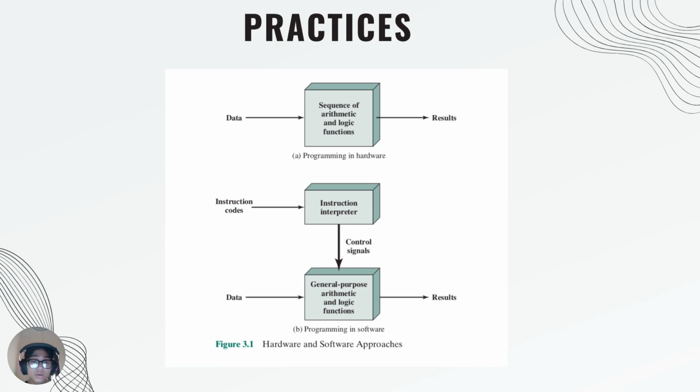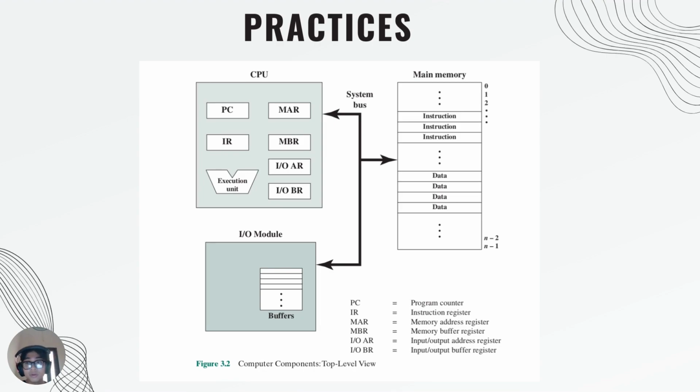In picture B, which is programming in software, the instruction code goes to an instruction interpreter, followed by control signals, and the data goes through general purpose arithmetic and logic functions, which release the results. These are the two views that we see: the first is in hardware, and the second is in software.